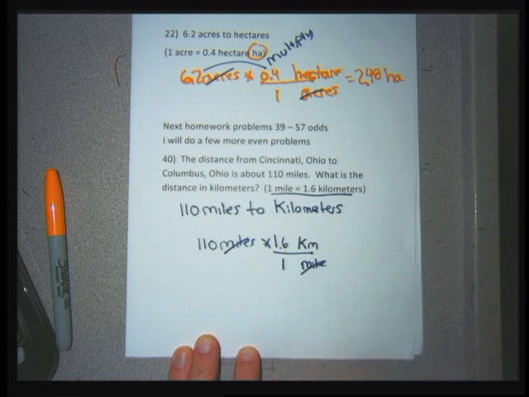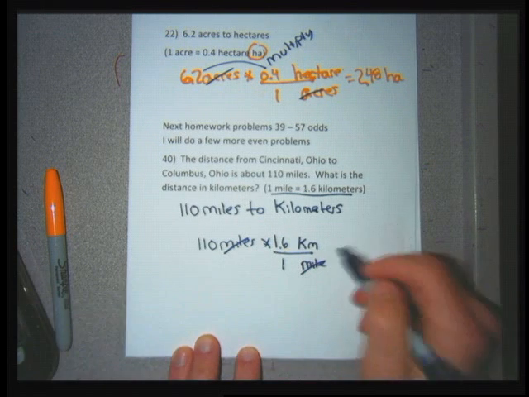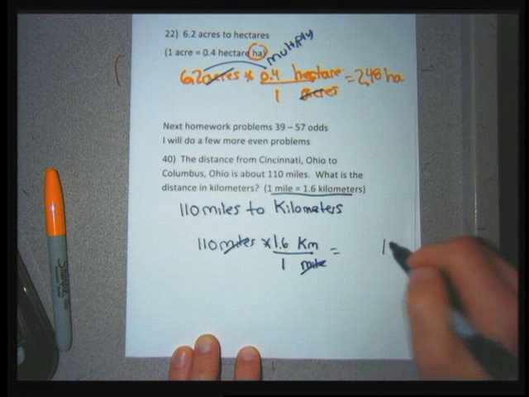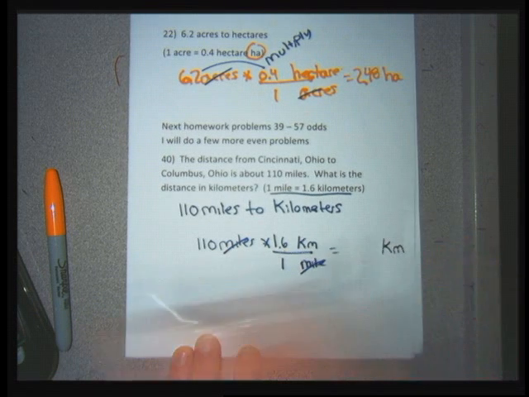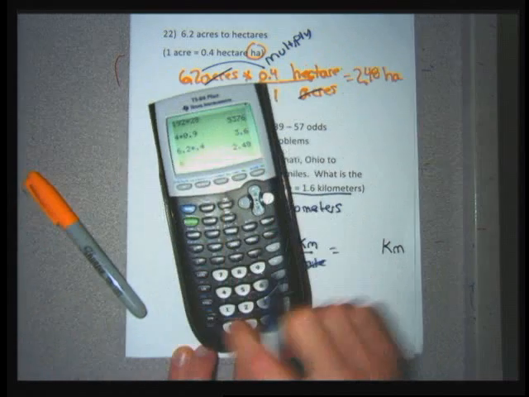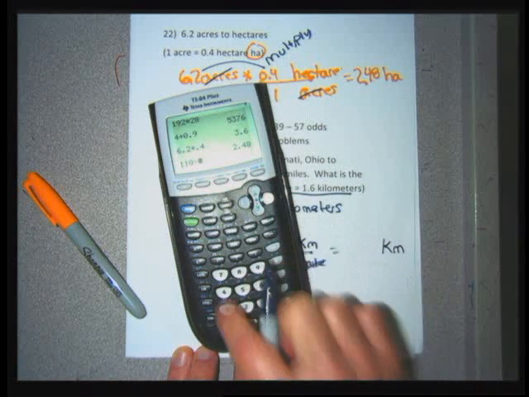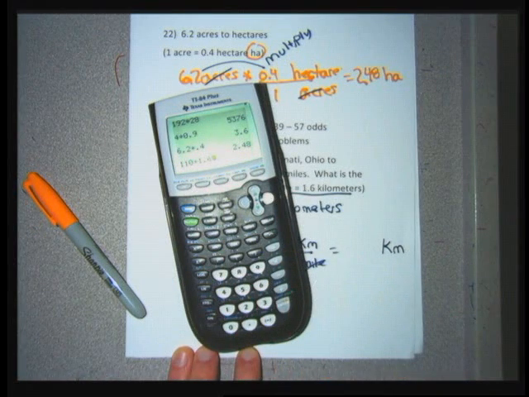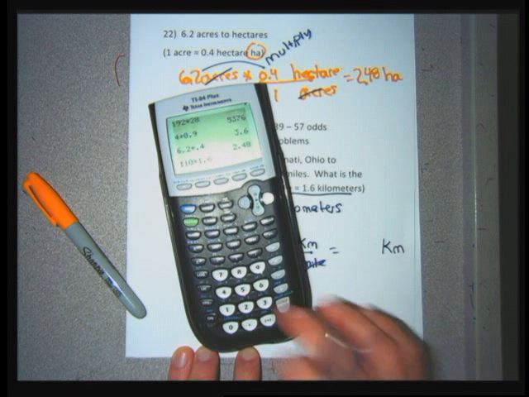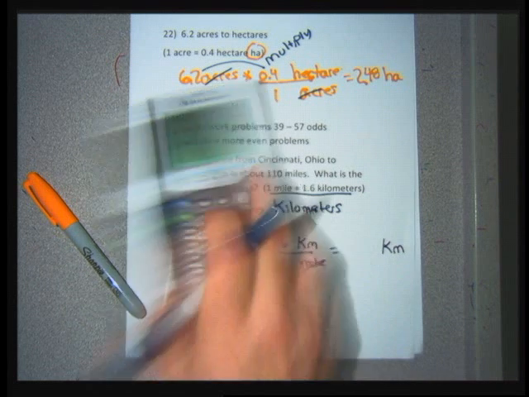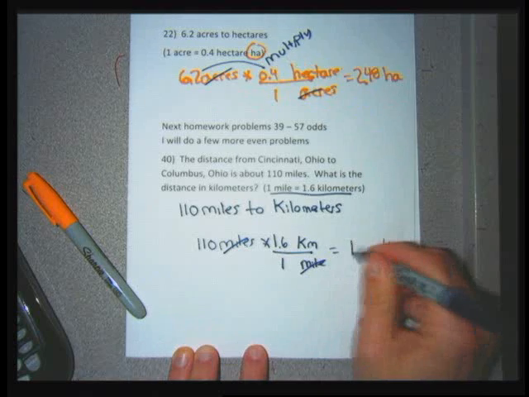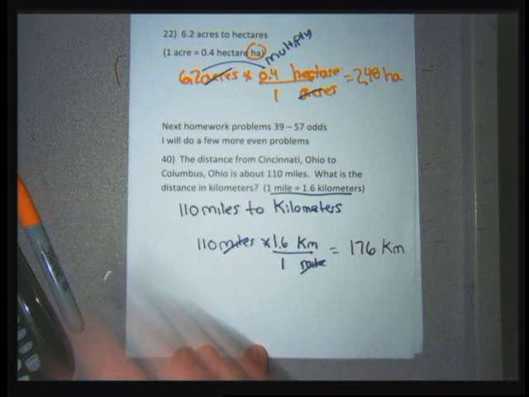The miles will cancel. My units are going to be kilometers, which I can write the symbol or the word. If you know the abbreviation, that's fine. And to get the number, I have to multiply because the 1.6 is in the numerator. When I multiply 110 times 1.6, I get 176 kilometers.